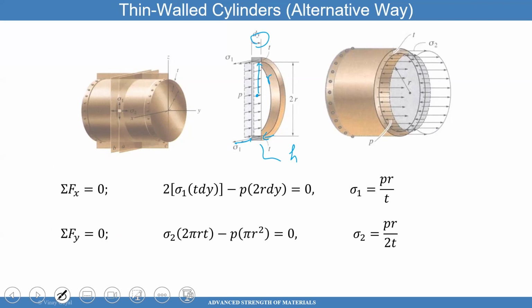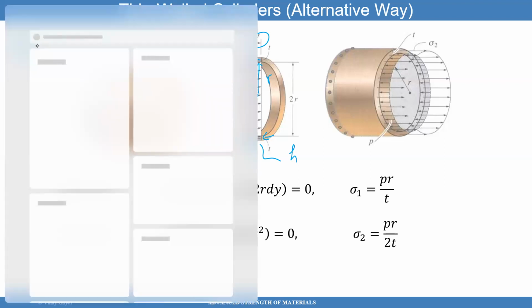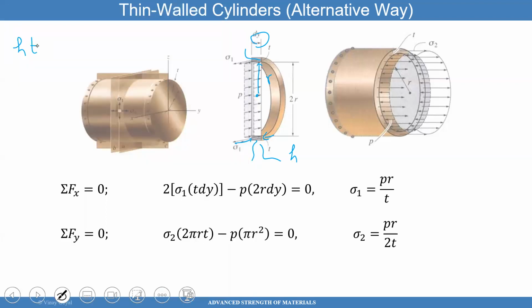The area of this piece and the area of this piece is going to be how much? It's going to be the thickness times h, twice. That's the area of those little rectangles.